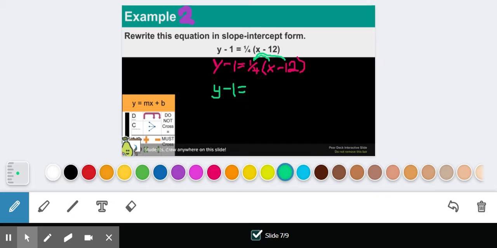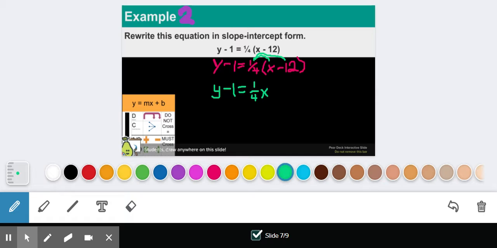Now, when I have 1/4 times x, it is the exact same as if I had 3 times x. I can just write 1/4 and an x right next to it. Because when we have a number, even a fraction, right next to a letter, it just means it's being multiplied. So don't panic. That's super easy.